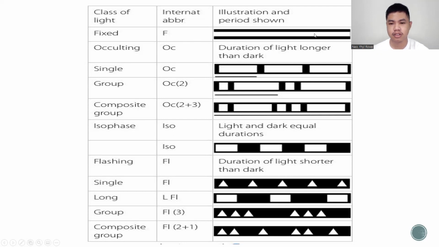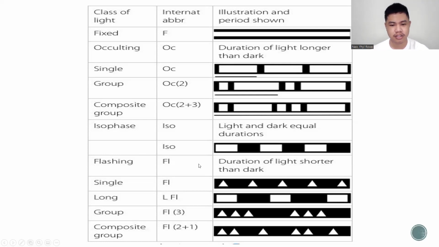It's just a long black and white line. Then occulting, which has no illustration, but you can see the description: duration of light longer than dark. So basically light then dark.